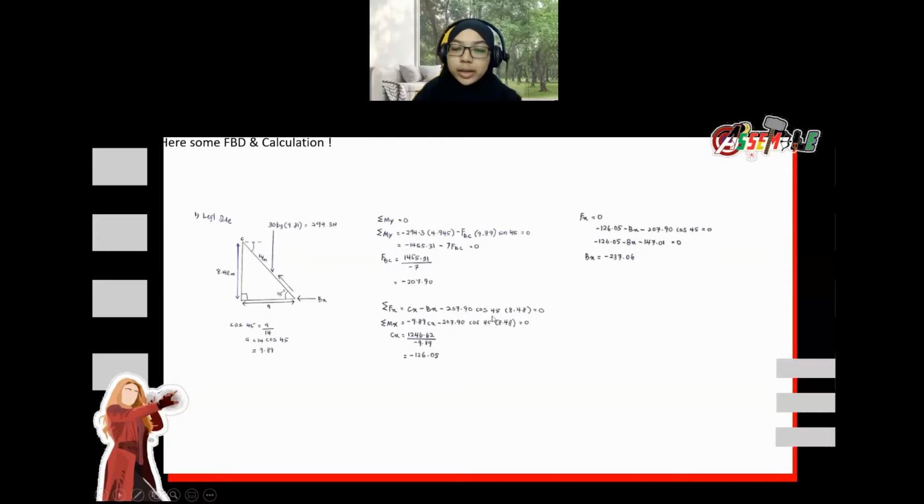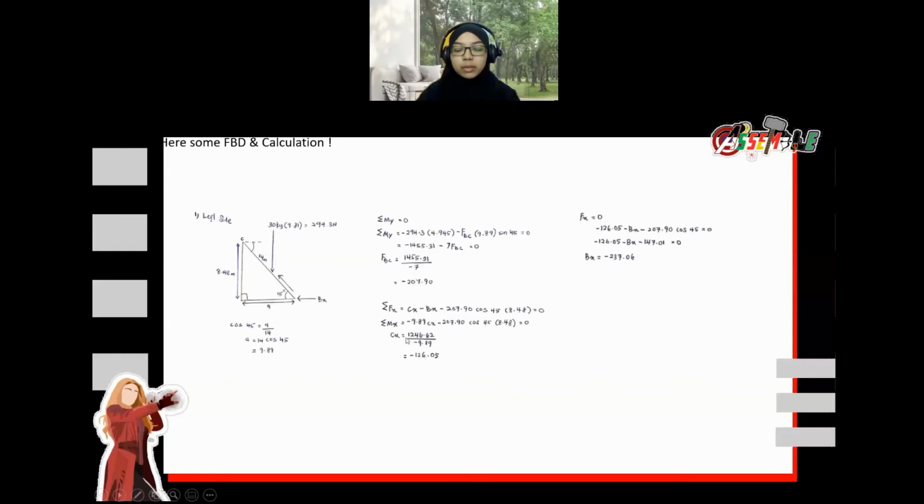To find Fx, we use this equation: summation Fx equal to Cs minus Bs minus 207.90 cos 45 times 8.4048 equal to 0. Next, we need to find the value of Cs. To find the value of Cs, we use the equation summation Ms equal to negative 9.89 Cs minus 207.90 cos 45 times 8.48 equal to 0.